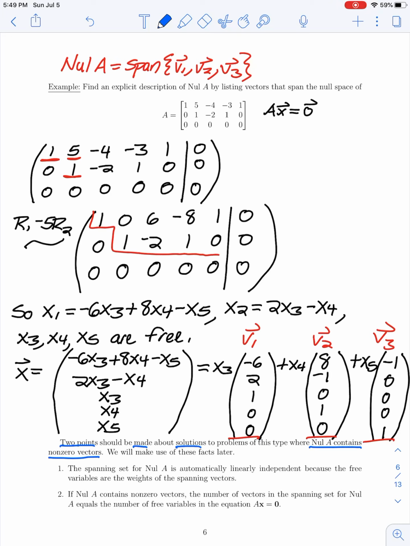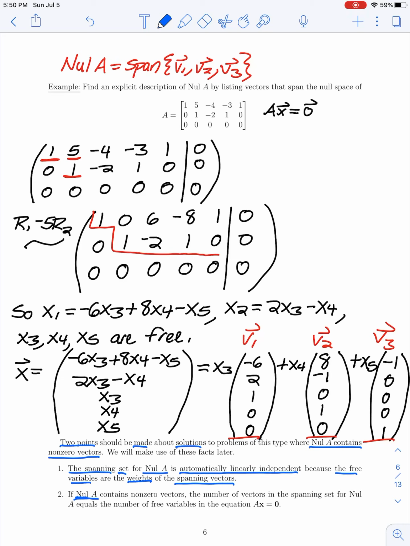The first point is that the spanning set for the null space of A is automatically linearly independent because the free variables are the weights of the spanning vectors. So none of these vectors, v1, v2, or v3 in the last example, could depend on the other. Otherwise, we would be able to eliminate one of our free variables and write that third vector as a linear combination of the previous 2.